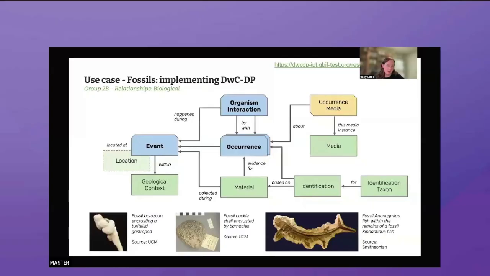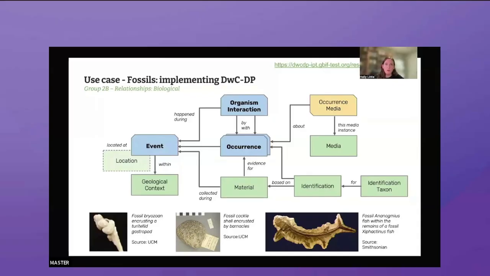As with other biological specimens, fossil material entities have biological relationships to other material entities. For data group 2B, biological relationships, we integrate the occurrence table for improved mapping and publishing of data about these types of relationships.